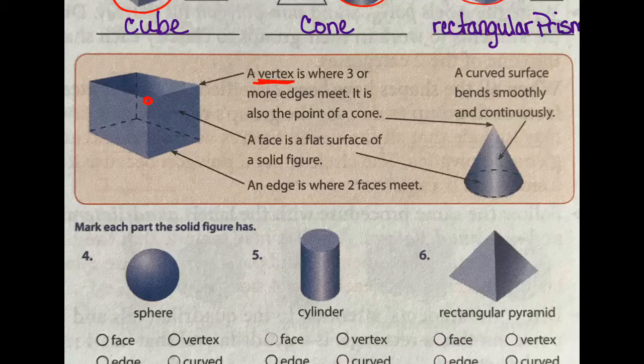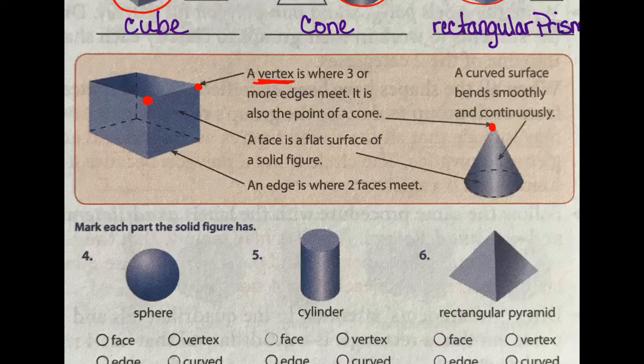Okay, so this would be a vertex, because you have 1, 2, 3 edges meeting there. So the corners are vertexes. Look over at the cone right here. The top is a vertex. It's a corner. Even though this part over here is a curved surface and it just keeps going around continuously, that is still a vertex at the top.